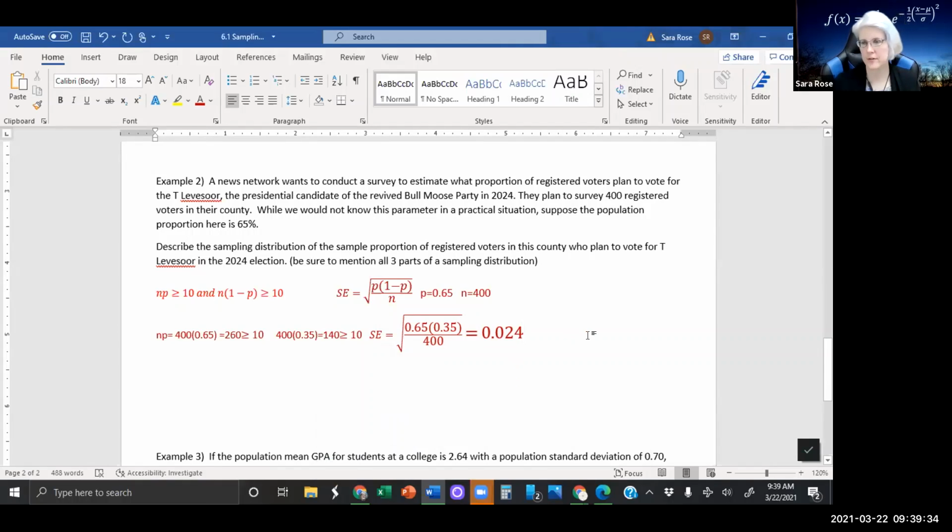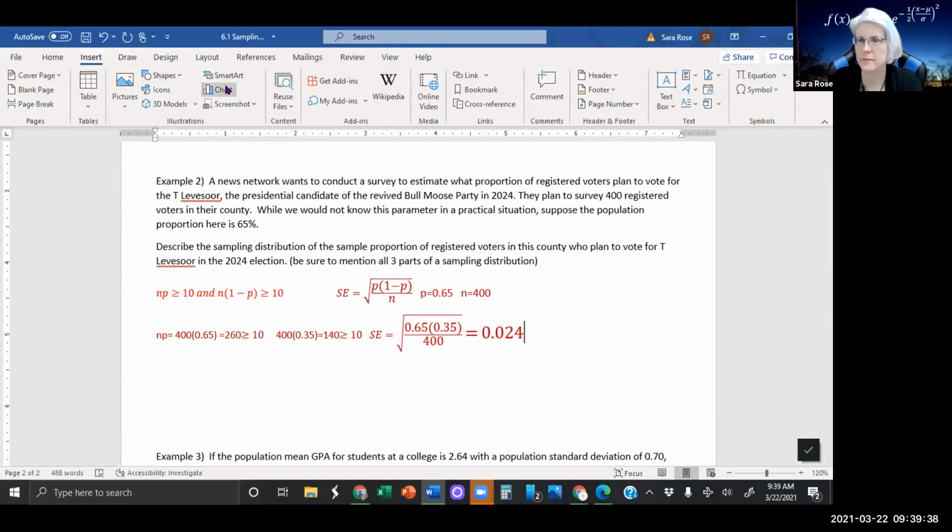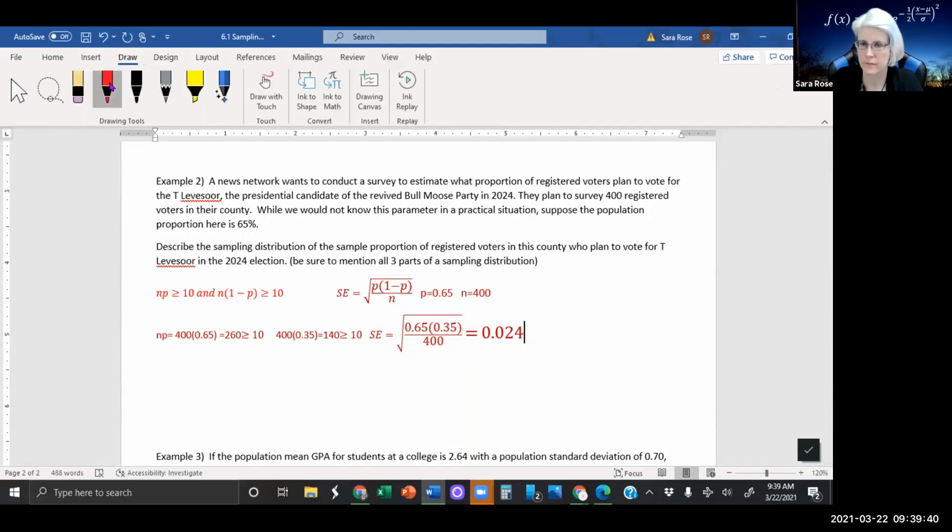Okay, so we have the standard error now. And we could now draw this sampling distribution. So let's try this. Our mean of the sampling distribution is the proportion, right?